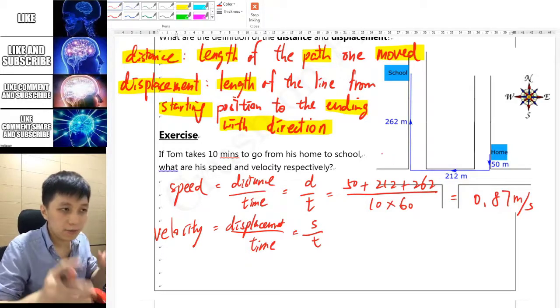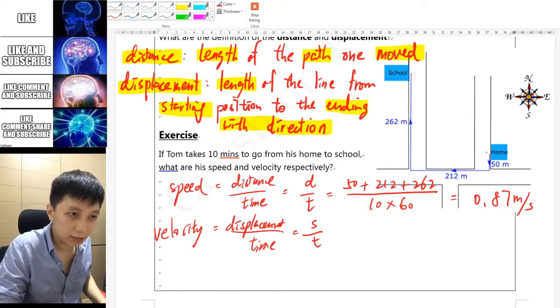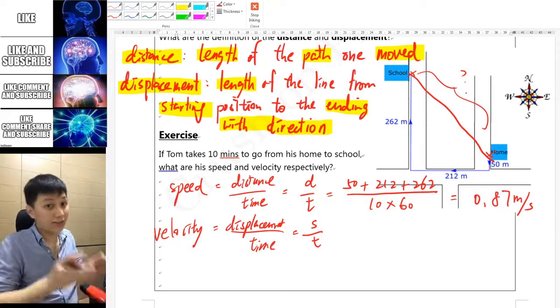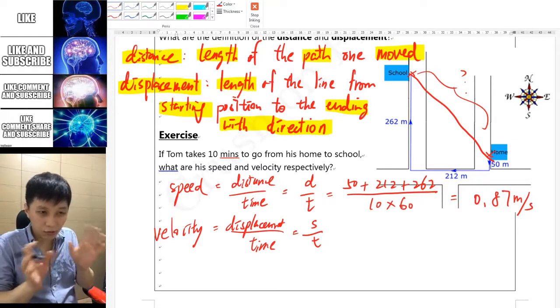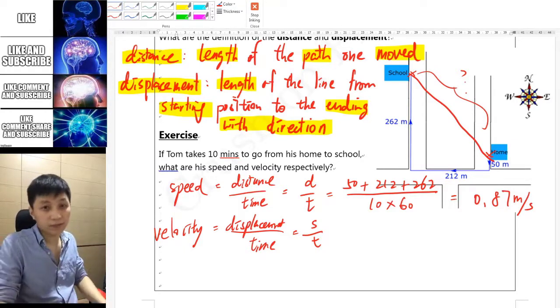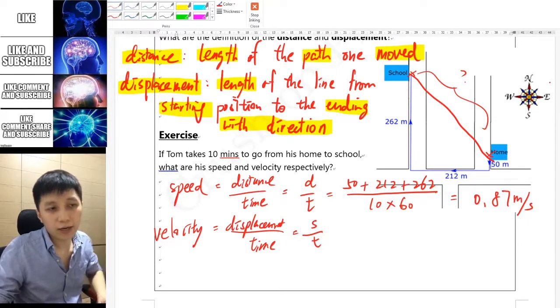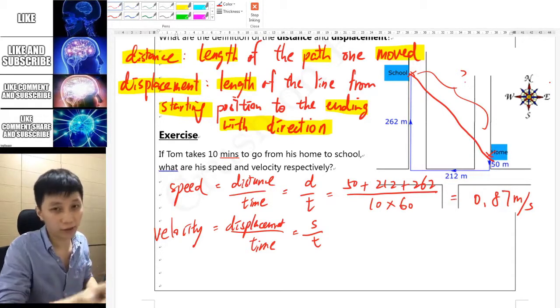And the tricky thing is for displacement, as we said, it is the line joining the starting point and the ending point, and you need to find the length of this. This will take a bit of geometry or trigonometry that you learn in mathematics. If you don't know which line is the displacement we are referring to, I recommend you pause the video now and try it by yourself first.